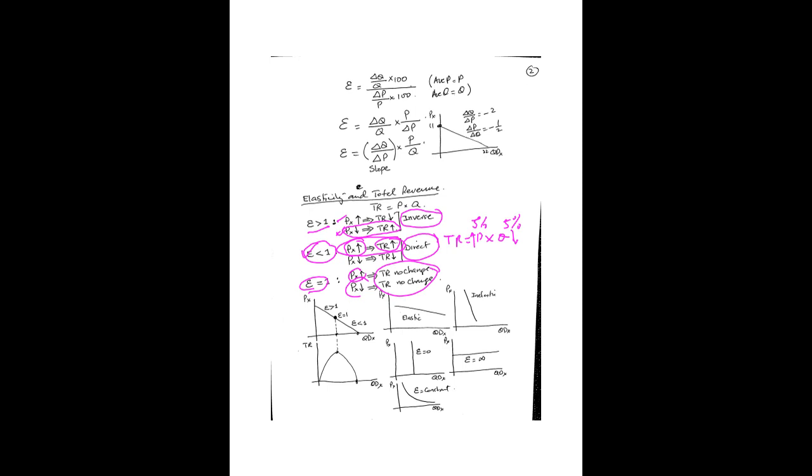So every 1% increase in price, quantity demanded will decrease by 1 percentage point. So 5% increase, 5% decrease, and they'll cancel out. Total revenue will not change. So if the demand is unit elastic, there is no change in total revenue. So this is the relationship between elasticity and total revenue.